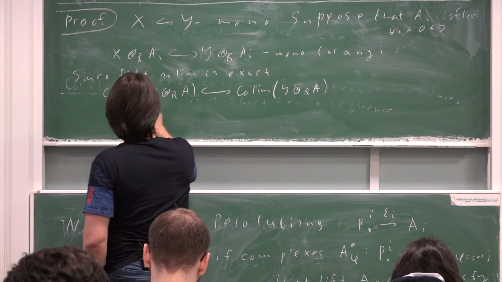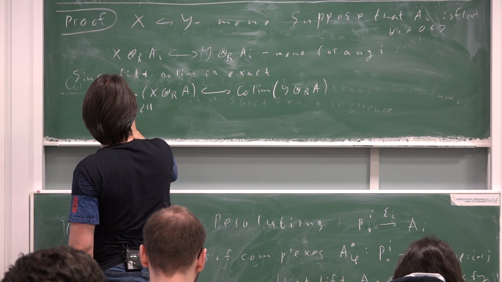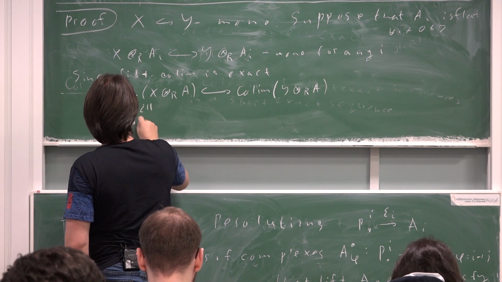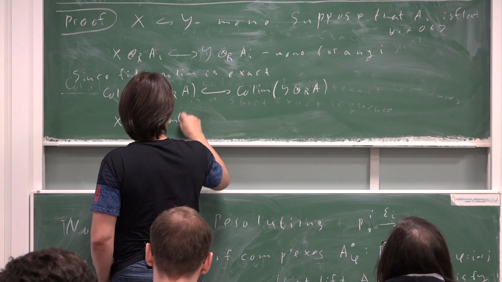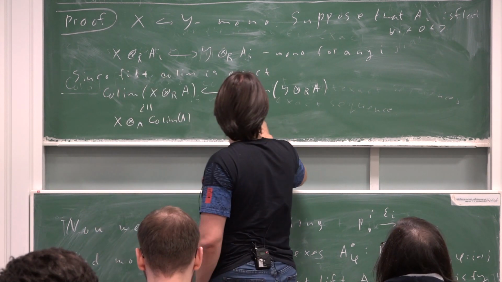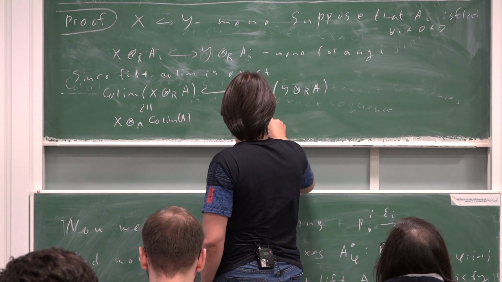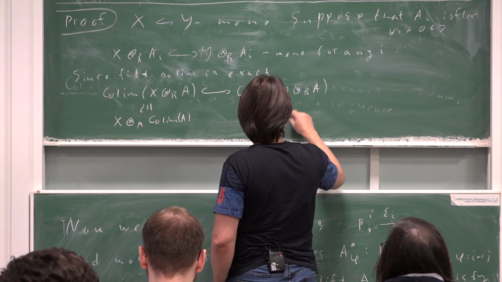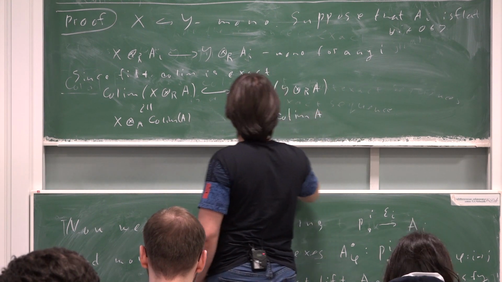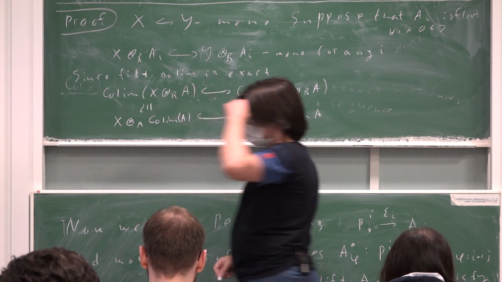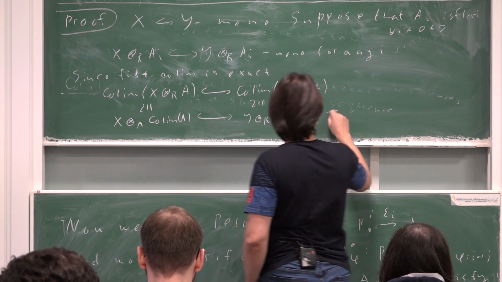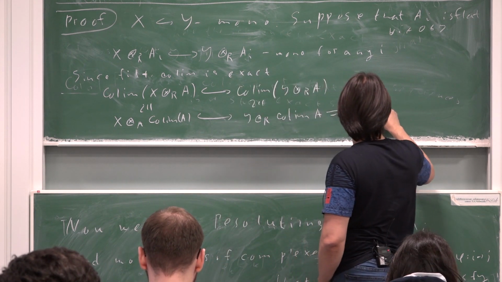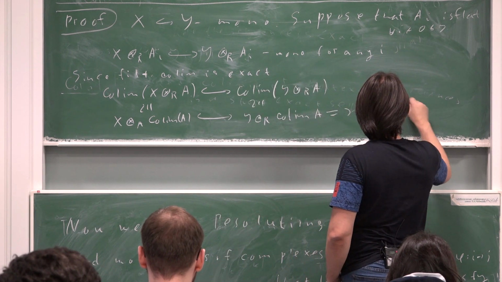So, in fact, this guy is isomorphic to X tensor over R with colimit A, and this guy is isomorphic to Y tensor over R with colimit A, and hence here we have mono, and hence A is flat.